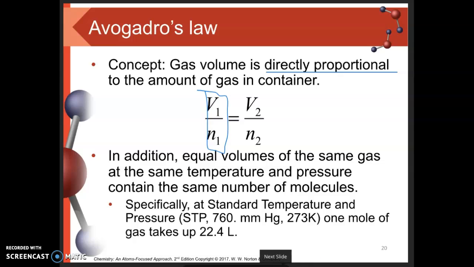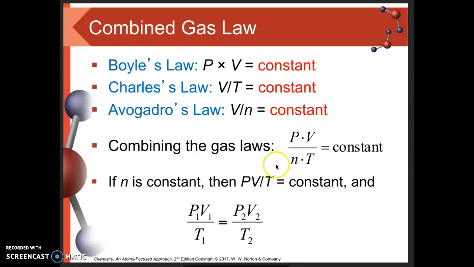What could we do? Well, luckily, we know that all of these things are related to each other. Pressure, volume, temperature, amount of gas, they're all interrelated. And so instead of looking at each one of these individually, what we need to recognize is that each one of them is telling us that if we have things held constant, the product or the ratio of the variables leads to a constant value.